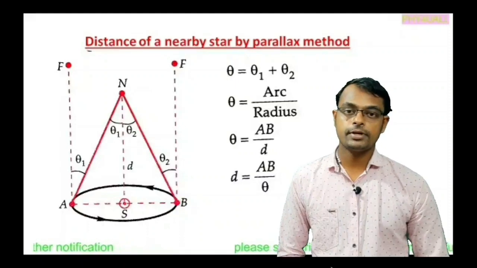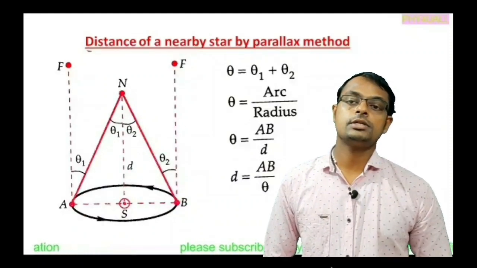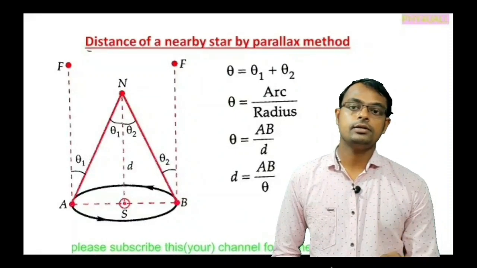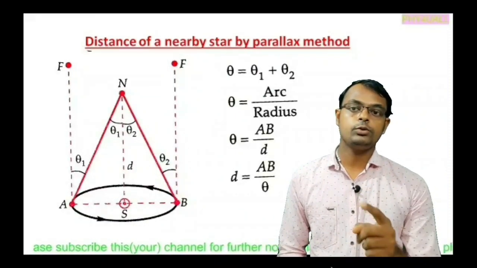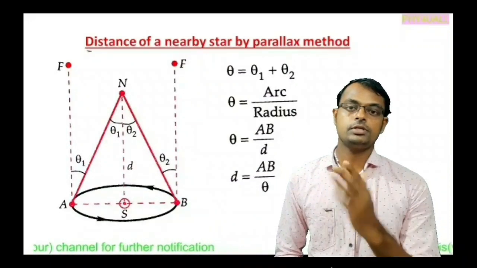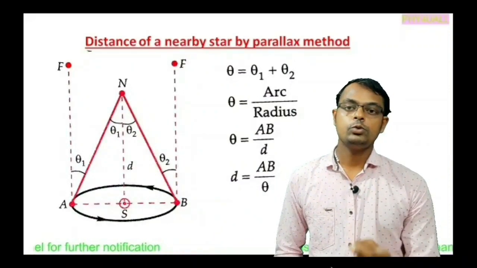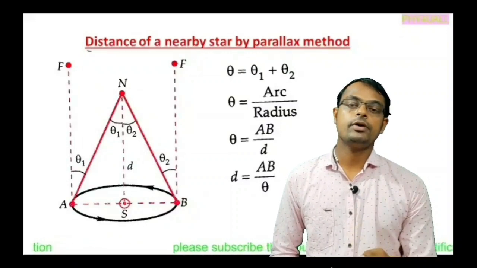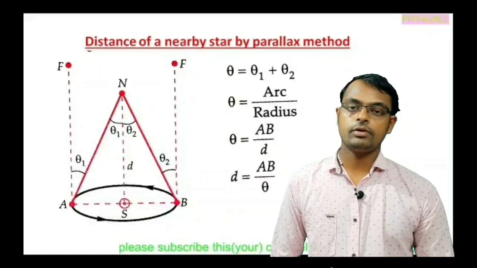And what is the distance from A to N? We can calculate it here as D. Approximately, A to N is taken as N to S in the picture. It's an approximation because it's a very distant object. So N to S, or simply D, is equal to AB divided by theta.